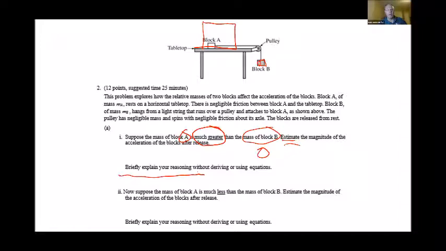Now notice part B is the opposite. Part 2, rather: block B is now the huge block, and block A is a tiny, tiny block. So if that were the case, what would be a good answer for the magnitude of the acceleration of the blocks?